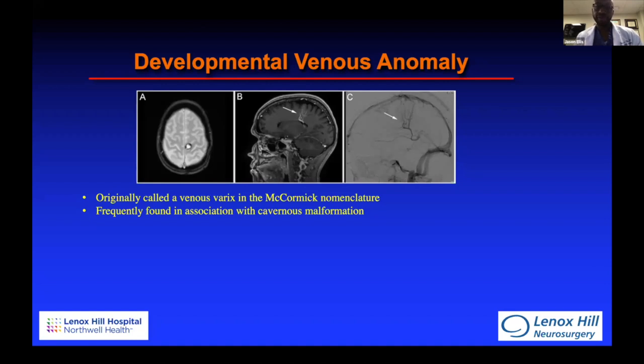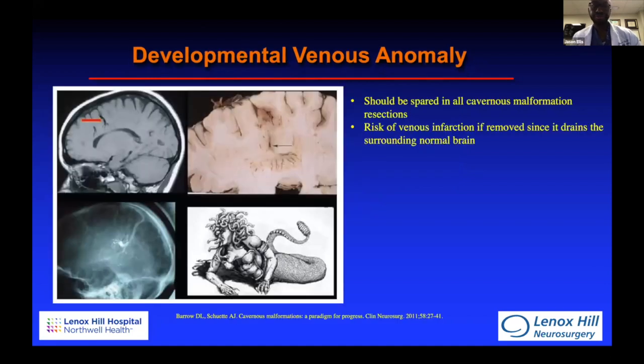Removing them can actually be quite dangerous, causing a venous infarct. So that's important to know. Histologically, these DVAs have been described as having a caput medusae appearance. This is how it looks on an MRI, and this is kind of gross tissue appearance here.